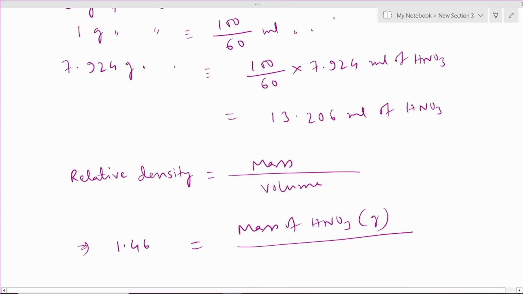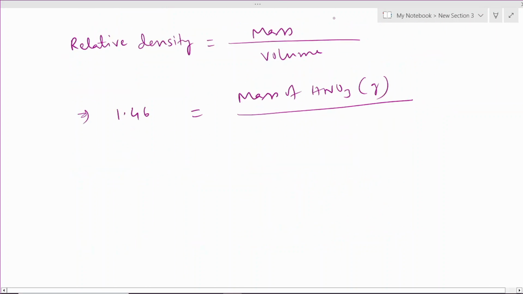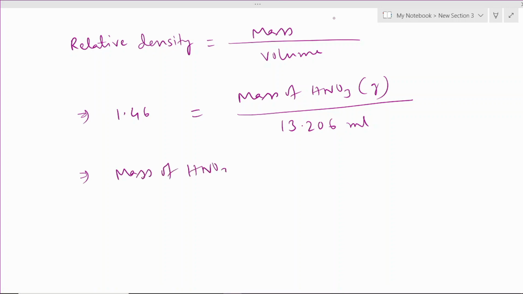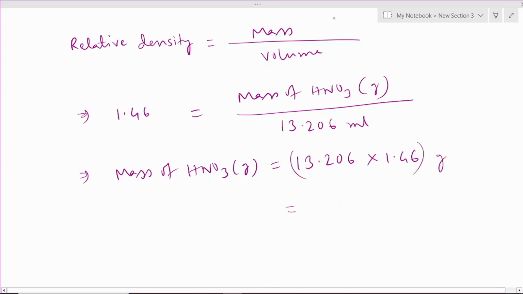We have calculated the volume, that is 13.206 ml. So you can calculate the mass of nitric acid in grams, that is 13.206 into 1.46 gram, that is 19.28 gram of HNO3.